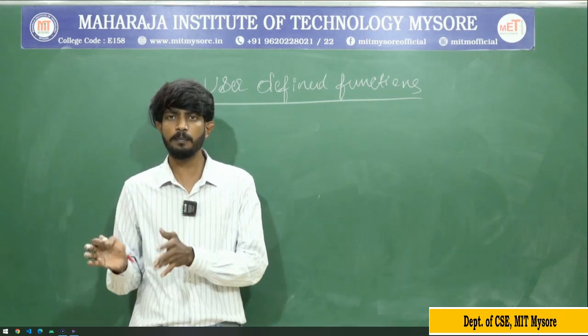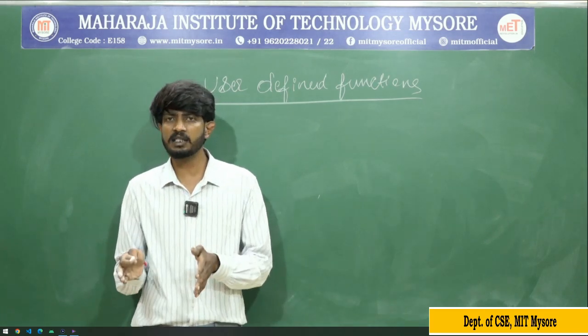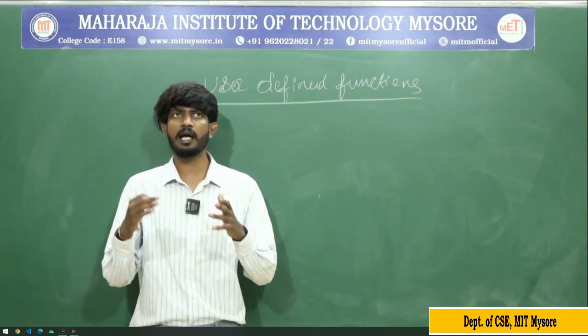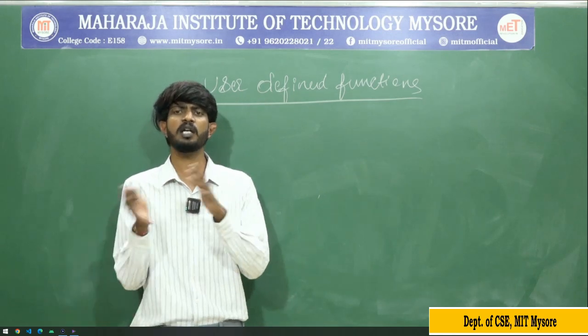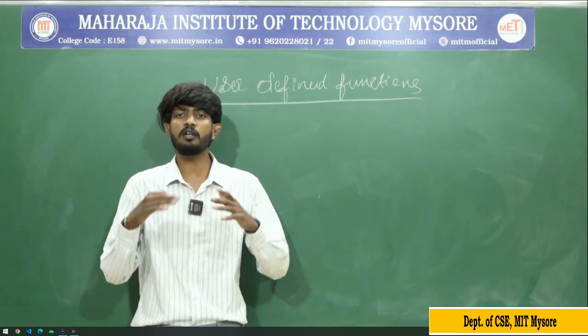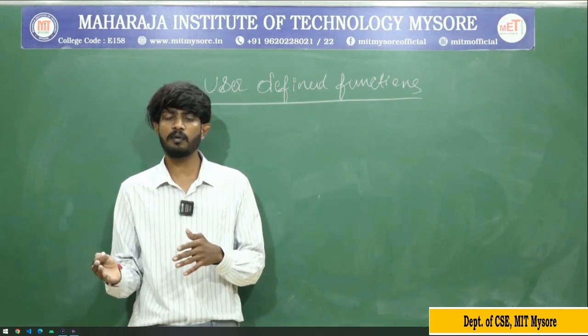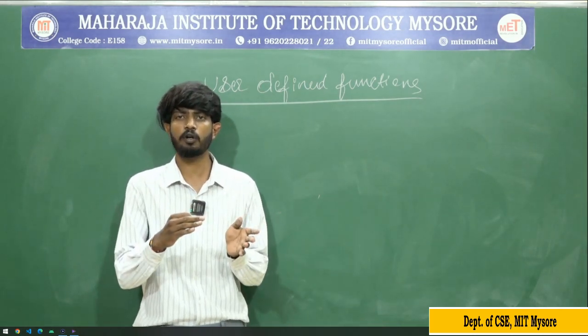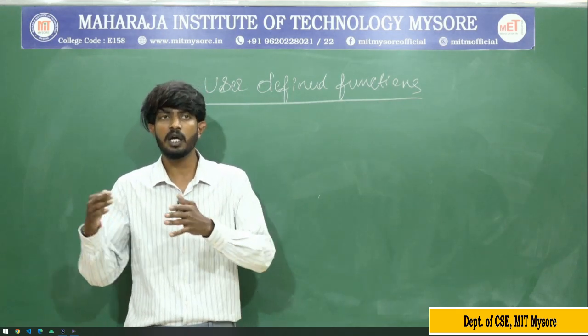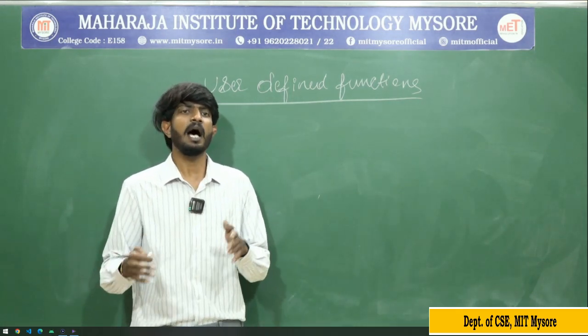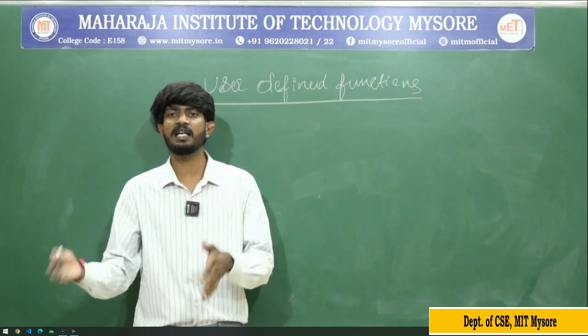It may be an integer, like if I add 2 integers it should return an integer value, so I need to give the return type as integer. If I am going to have floating values, it should return float values. If I have a character to be returned, I need to give character as the return type.